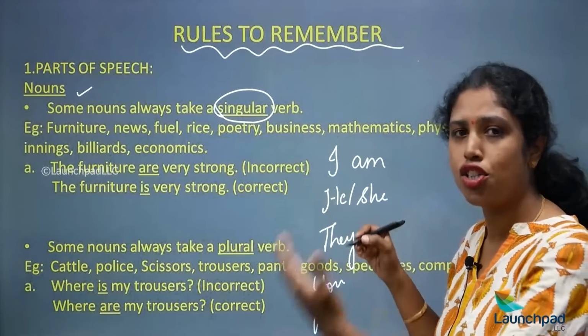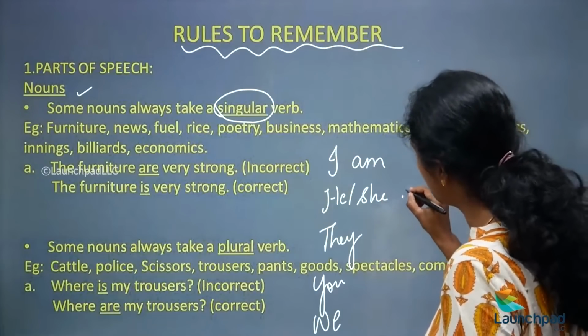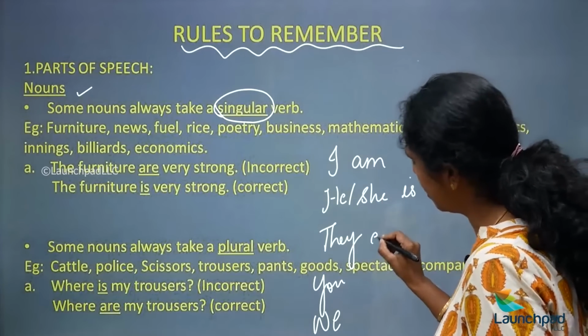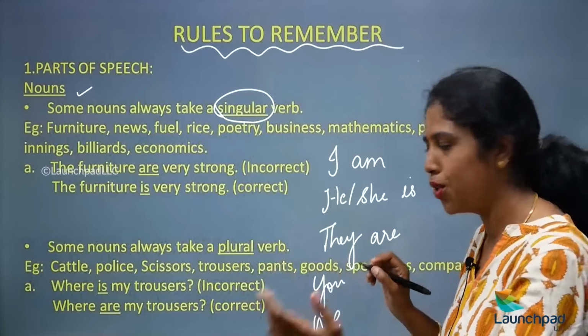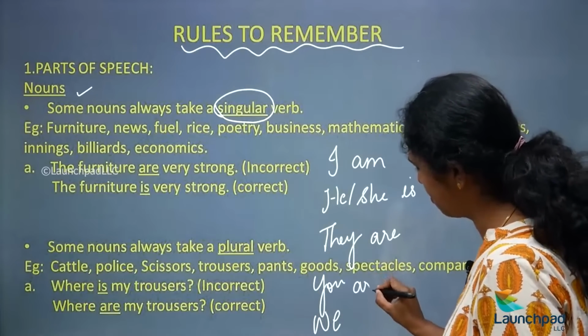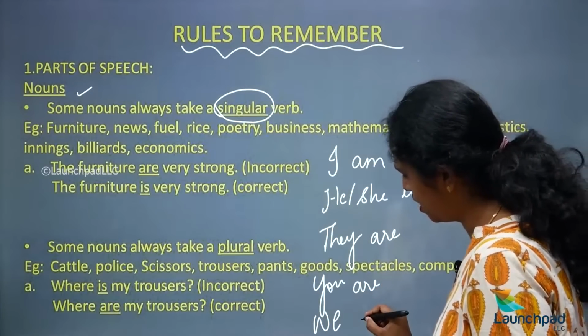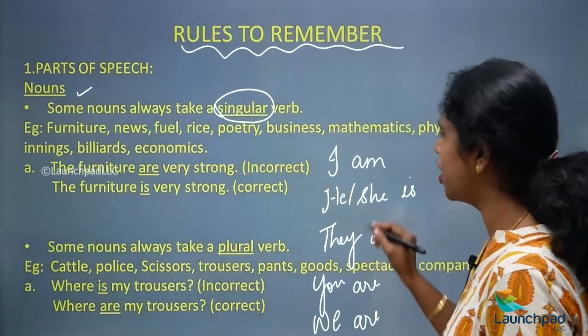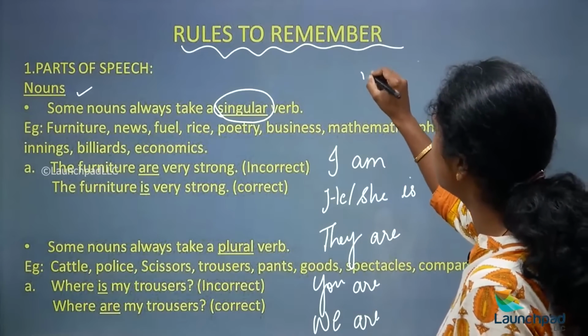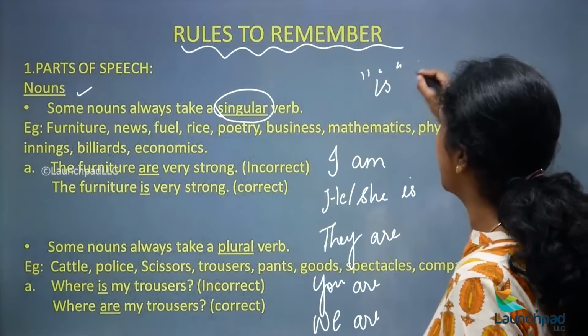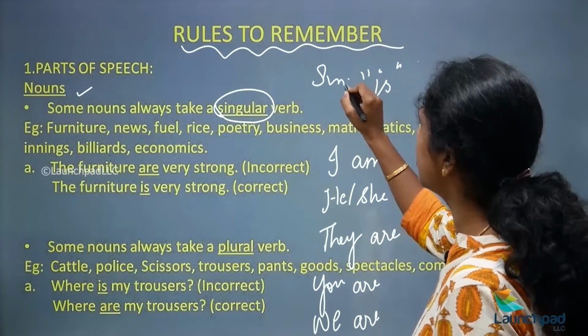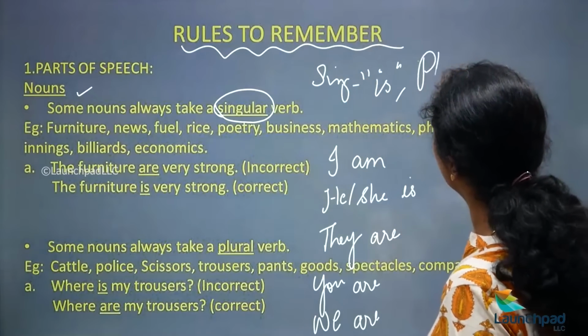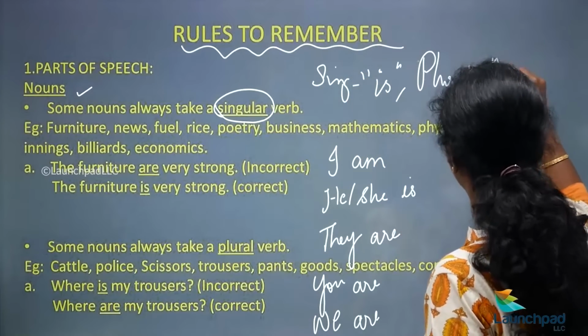He or she is. They are. You are. We are. So the singular verb is is, and the plural verb is are.